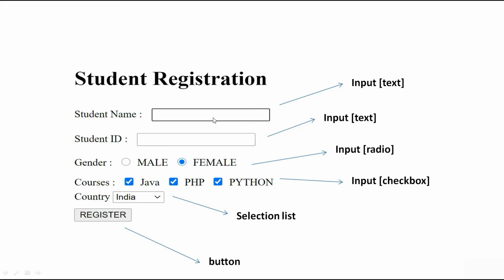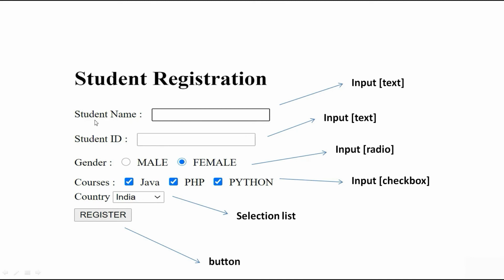We are taking the input like text from the user, and this student name is the label. Because if you show an empty input field, the user cannot understand what type of input he should give. So we have to show the label also. If you show the label, the user will understand that in this input field I should enter the student name.